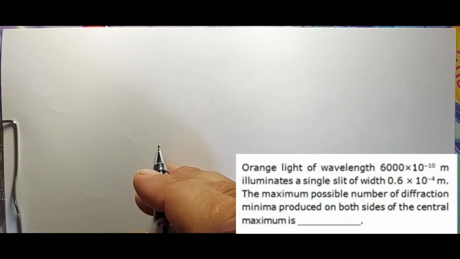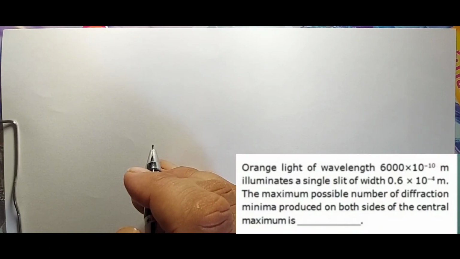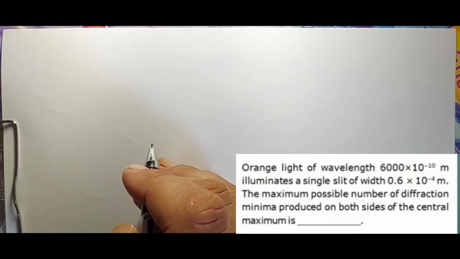Orange light of wavelength 6×10^-7 meter illuminates a single slit of width 0.6×10^-4 meters. The maximum possible number of diffraction minima produced on both sides of a central maximum is.